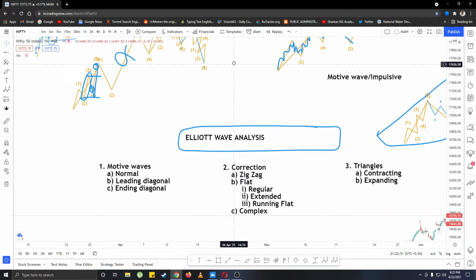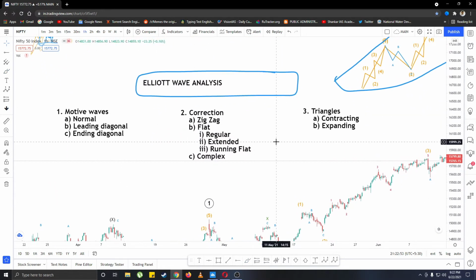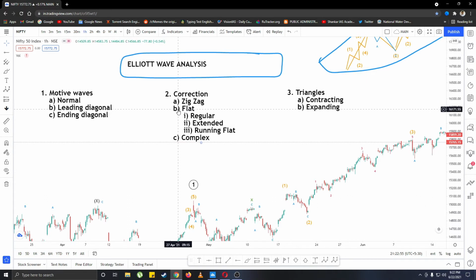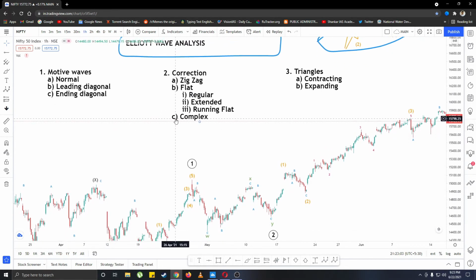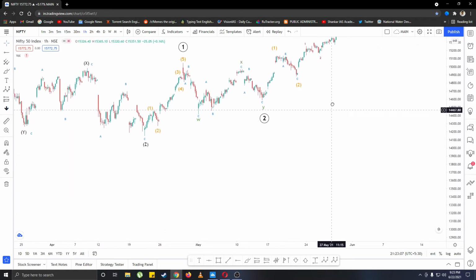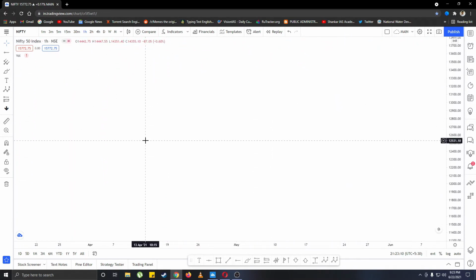Now moving on to corrections, we have 3 types of corrections, which are a zigzag correction, a flat correction, and a complex correction. A flat correction in itself has 3 types. Now let's talk about the corrections.